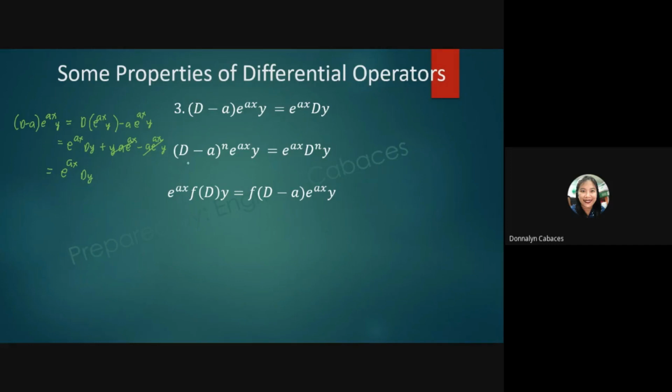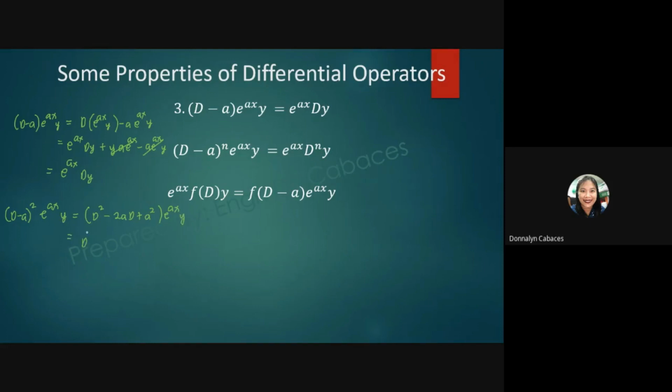Now, let us try if n is 2. On the second line, you have (D minus a) squared e to the ax y. What would be its equivalent? So, by expanding, you can actually have (D squared minus 2aD plus a squared) e to the ax y.